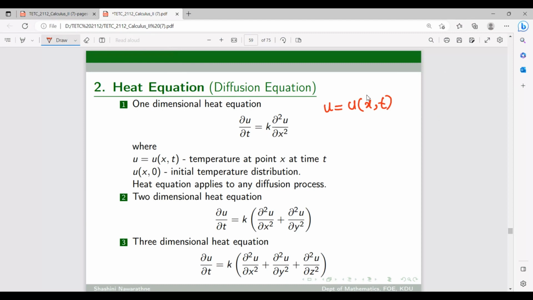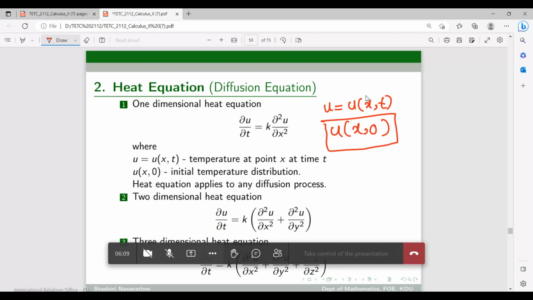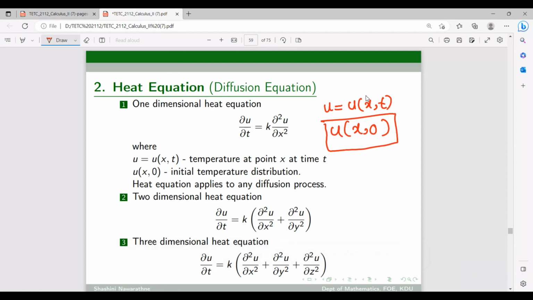And then if we write u(x, 0), what is the meaning of that term? We have discussed this earlier. It is the value of u when t is equal to 0. Since time starts from 0, t equal to 0 identifies the initial state of the problem.